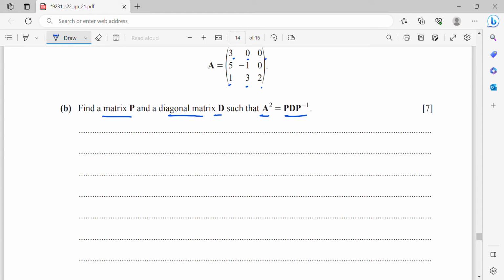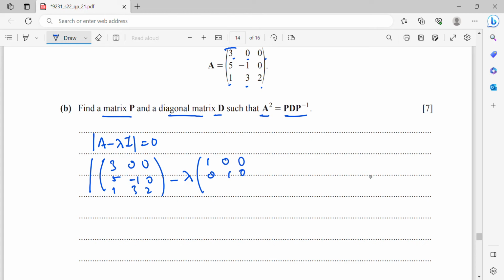It will be determinant of A minus lambda I equals 0. Since I is the identity, let me show step by step. It will be 3, 0, 0, 5, minus 1, 0, 1, 3, 2, minus lambda times 1, 0, 0, 0, 1, 0, 0, 0, 1, equals 0.